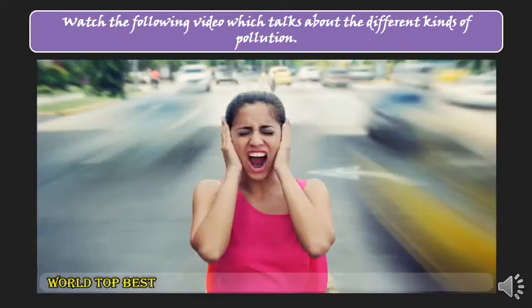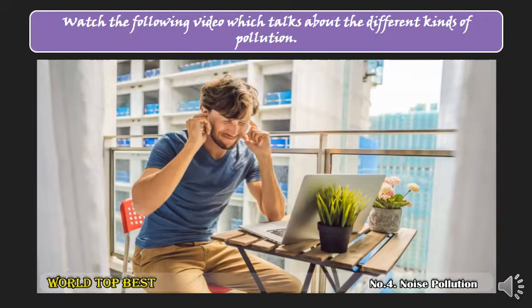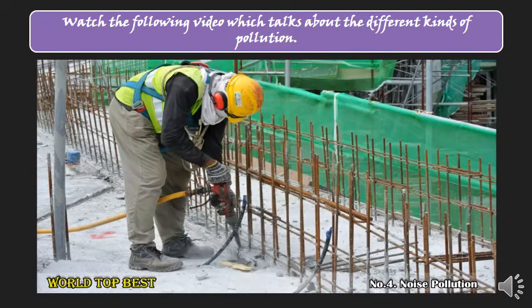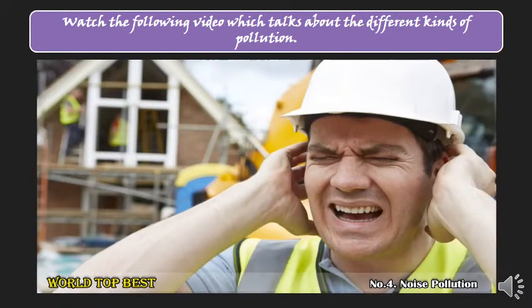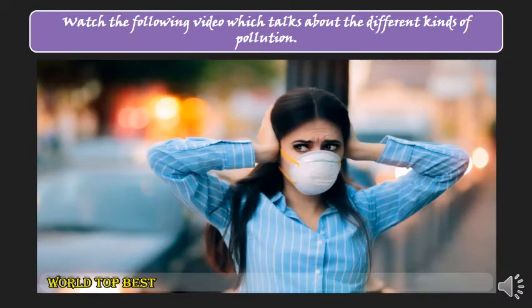Number 4. Noise pollution. Noise pollution or sound pollution is the propagation of noise with harmful impact on the activity of human or animal life. The source of outdoor noise worldwide is mainly caused by machines, transport and propagation systems. It can cause stress, nervousness in animals, hearing problems in newborns and elders.